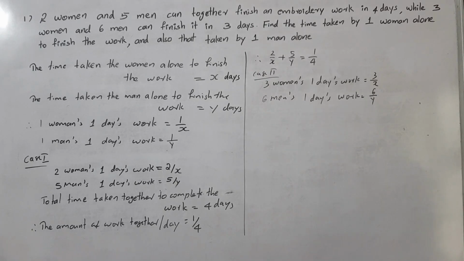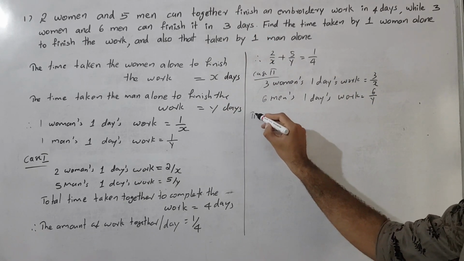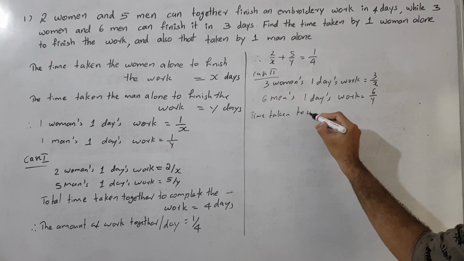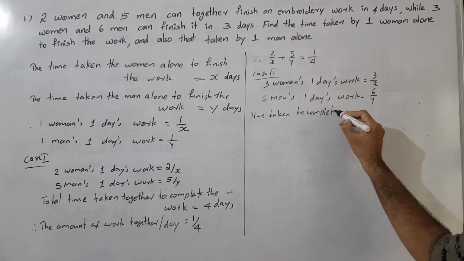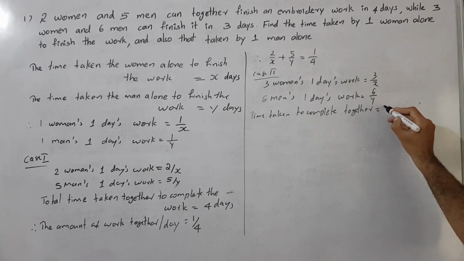Okay, then what is the time taken to complete the work together? 3 days, correct? Total time taken to complete is equal to 3 days.